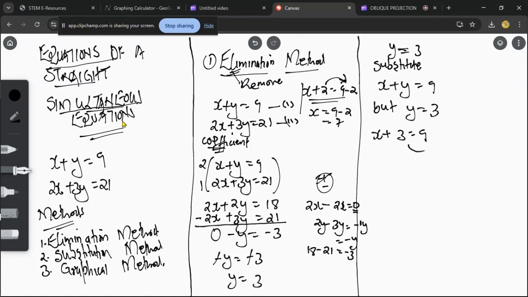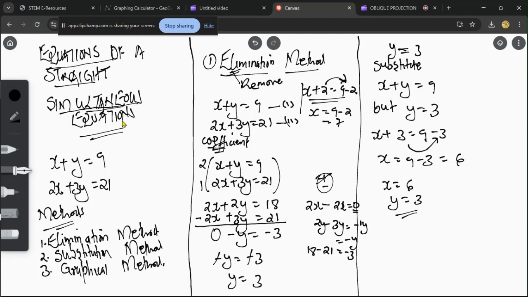I take this 3 to the other side, and because it was positive, it will become negative. So I'll have x is equal to 9 minus 3. What is 9 minus 3? It gives me 6. Therefore, the value of x is 6 and the value of y is 3. And now you've gotten your answer.